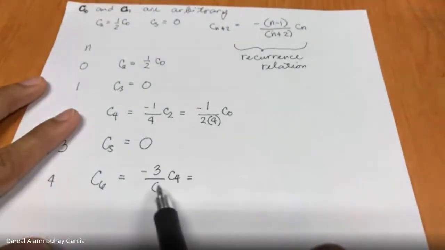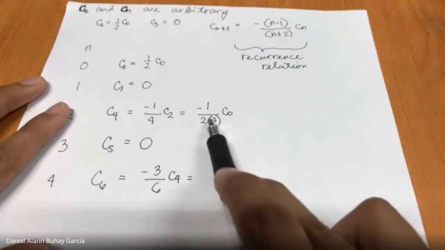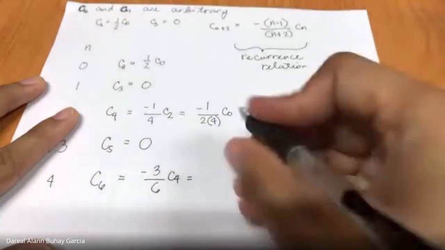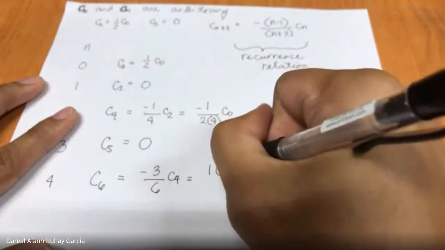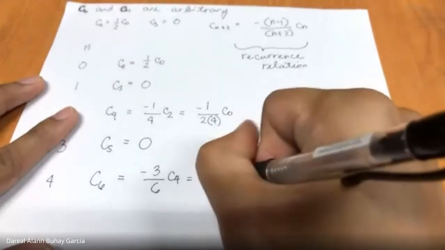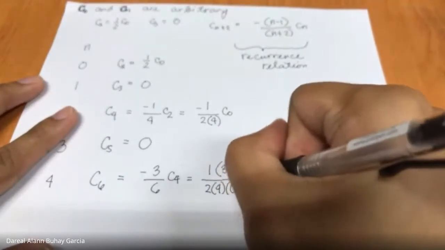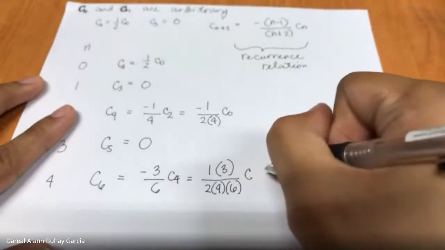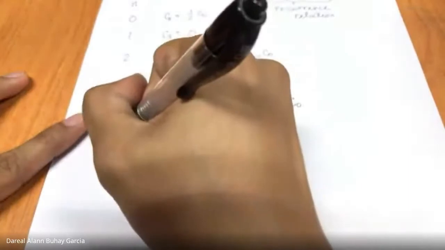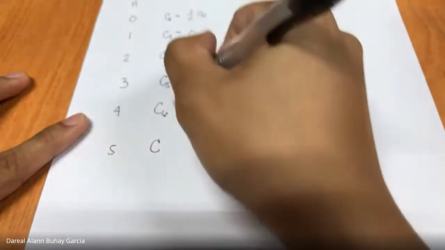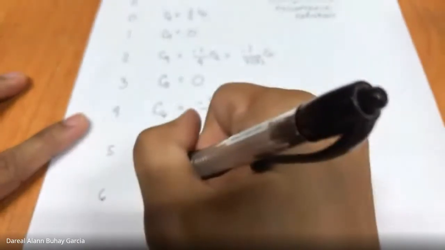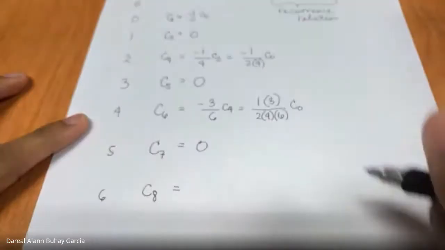And we know C4 to be negative 1 times 2, 4. So the negative goes away, it becomes positive. This becomes 1 times 3 all over 2 times 4 times 6, C0. Of course, C7 is 0. C8.